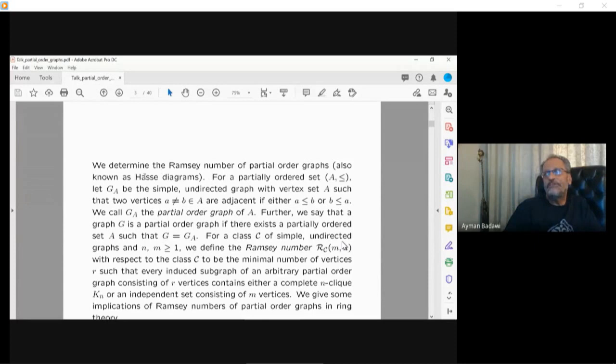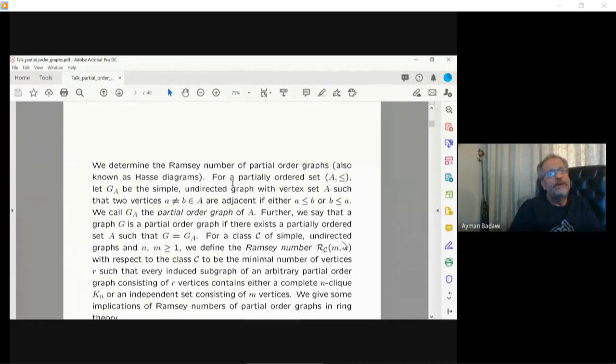All of you may have seen a Hasse diagram or heard of it, or partial order. And remember what we mean by a partially ordered set. It's a set with a partial order, we call it less or equal, where every element is less or equal to itself.